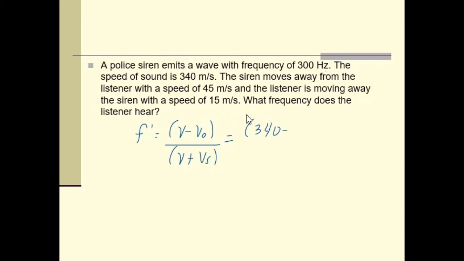The siren moves away from the listener, and the listener is moving away, so the velocity of the observer is 15, divided by 340 plus the velocity of the source, which is 45, multiplied by F, the frequency, which is 300 Hertz.